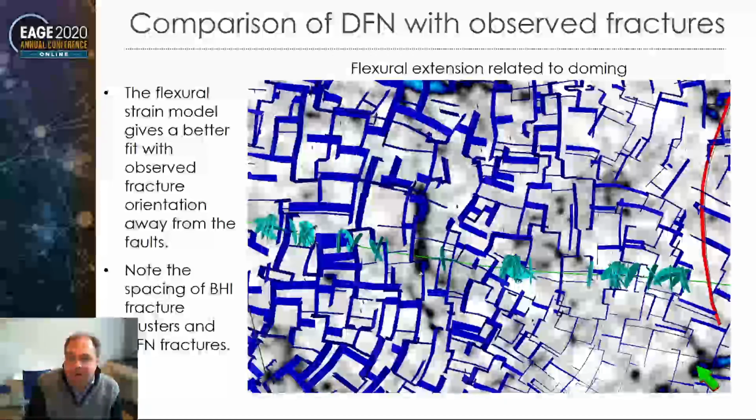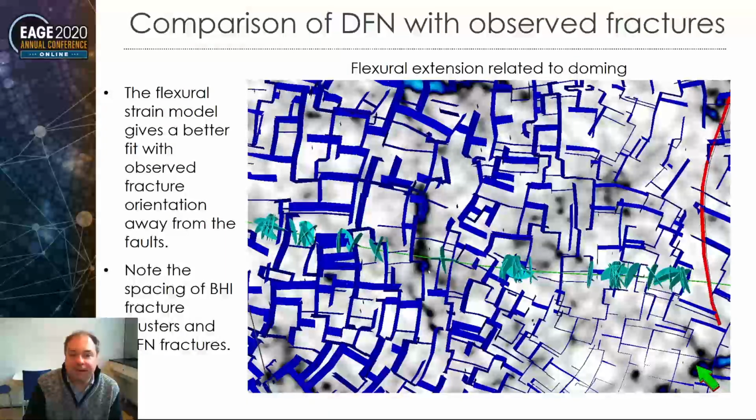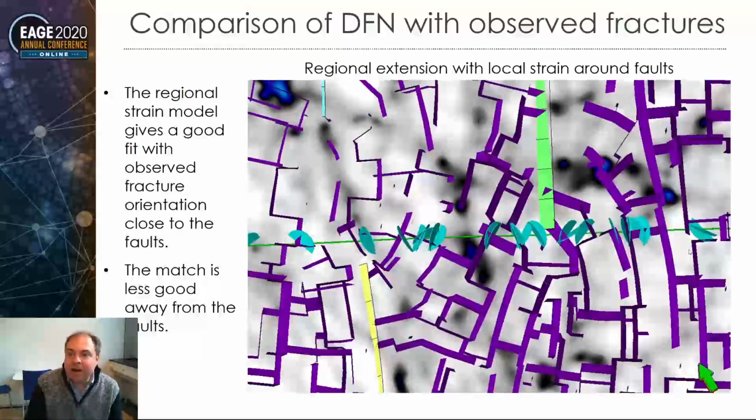And this applies over most of the structure, except near the faults. Around the faults, we find we actually get a better match in fracture orientation when we use the regional strain with local strain development around the faults.